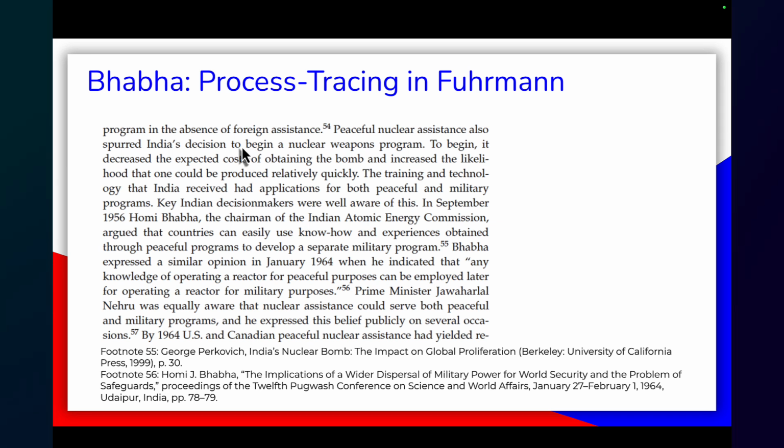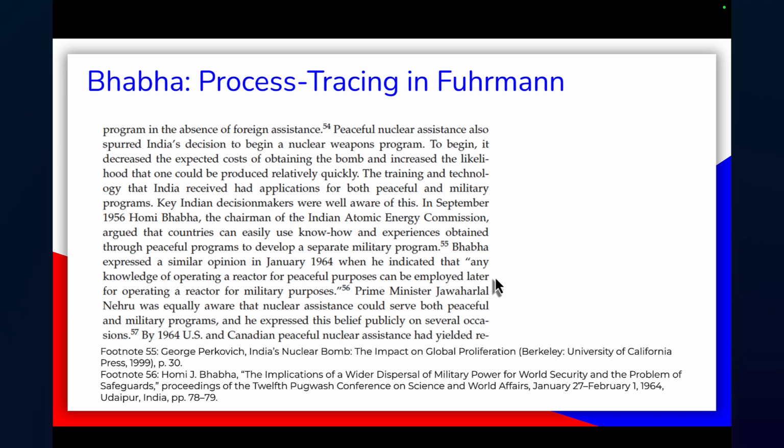So as you can see here, this is from Baba. This would be considered the process tracing. Baba expressed a similar opinion in January 1964, when he indicated that, quote, any knowledge of operating a reactor for peaceful purposes can be employed later for operating a reactor for military purposes.